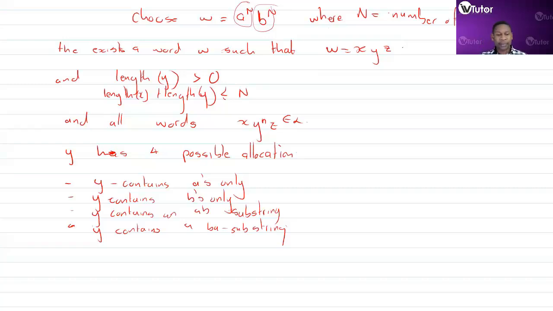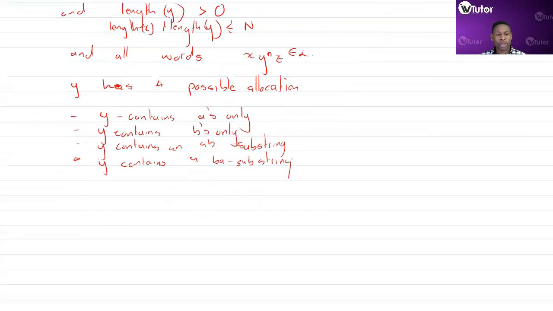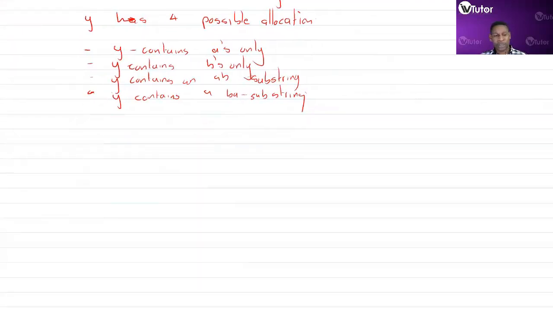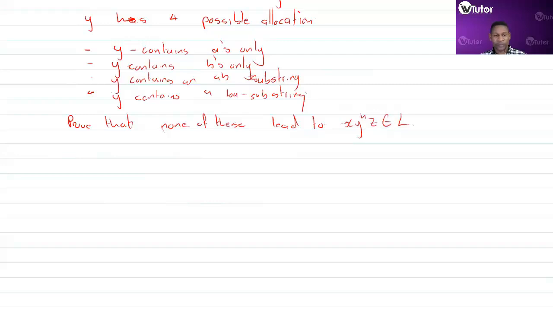Now the next step becomes to prove whether or not any of these allocations lead to X, Y to the power of N, Z being an element of the language. So we want to prove that none of them do.